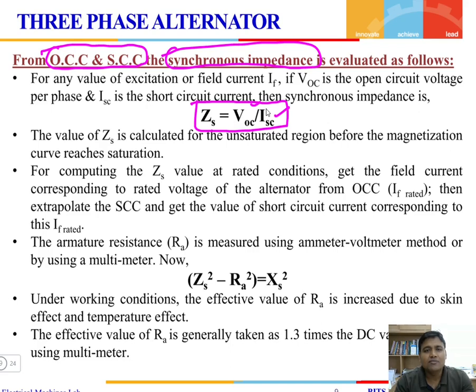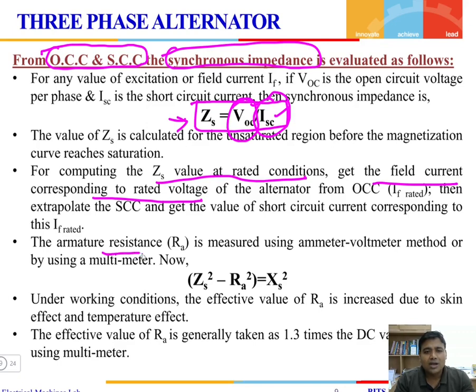Once we have found the value of ZS, the internal synchronous impedance of the machine, we can compute the ZS value at the rated condition, taking the field current corresponding to rated voltage. So we divide the measured open circuit voltage by the short circuit current.